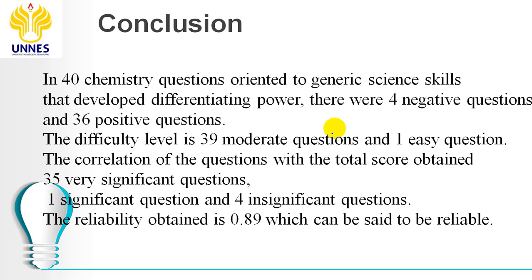The correlation of the questions with the total score obtained 35 very significant questions, 1 significant question, and 4 insignificant questions. The reliability is 0.89, which can be considered reliable.